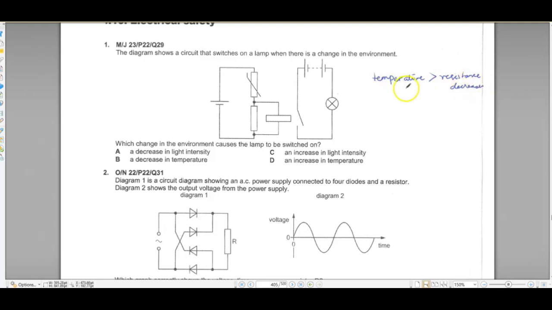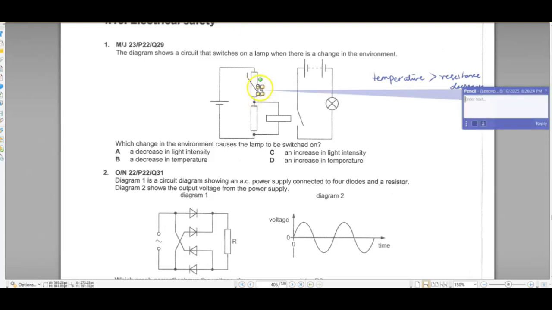And if the temperature is decreased, the resistance increases. They are basically inversely proportional to each other. So in this diagram, if there is an increase in the temperature, the resistance is going to decrease in this thermistor.